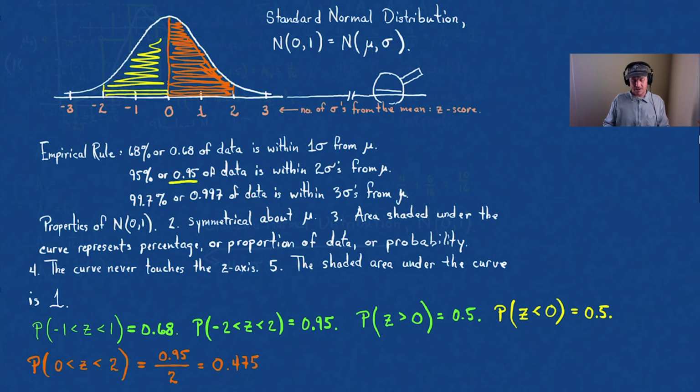Let's try one more. And I think this should probably be done in this pretty cyan color. So let's try a cyan colored problem. Let's try the probability that z is less than -2. Whoa.